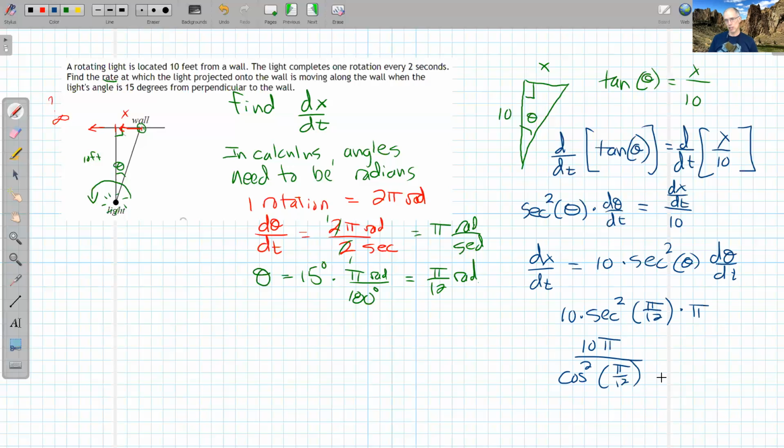And then we could use the half angle formula on that, because this can be written as cosine squared of 1/2 of pi over 6. So let's look up the half angle formula and get an exact answer on this, and then get an approximation.